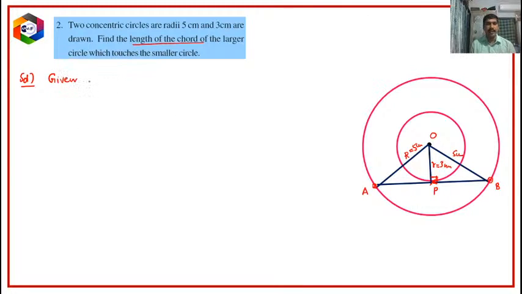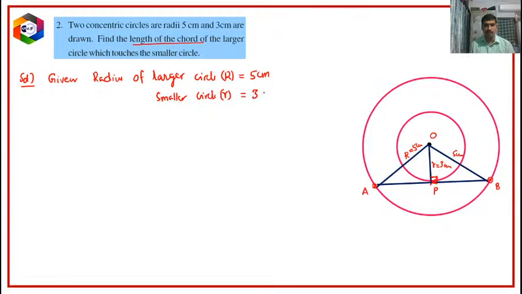Given the radius of the larger circle, capital R, is equal to 5 centimeters, and the radius of the smaller circle is equal to 3 centimeters.